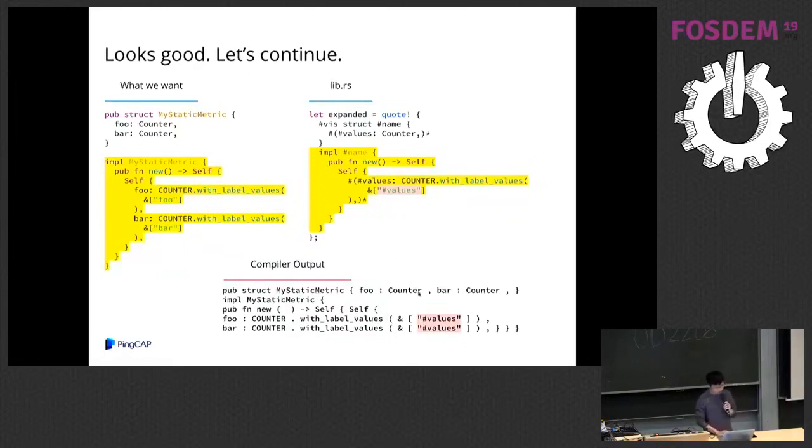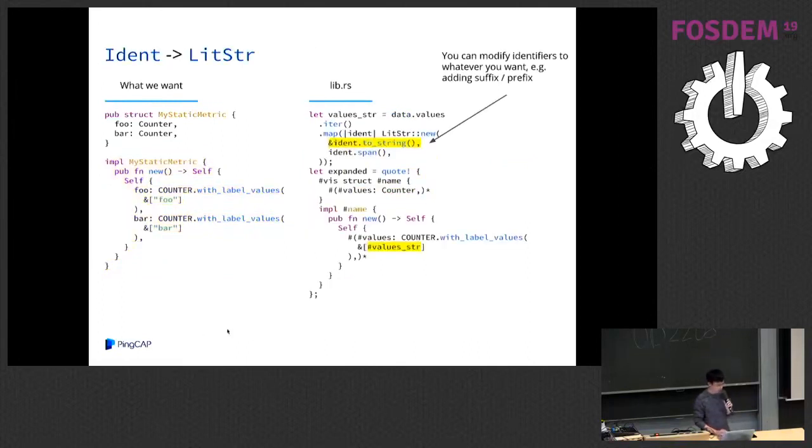So what's wrong with it? It's just because your value is an identifier, but here you want to produce a string. So you need to transform your identifier to a string, then it will work. So let's do it. Let's transform the identifier to a string. Here it is just a simple map.